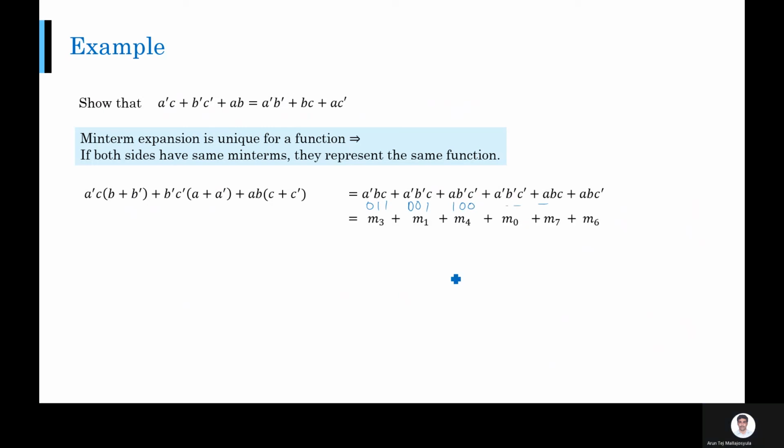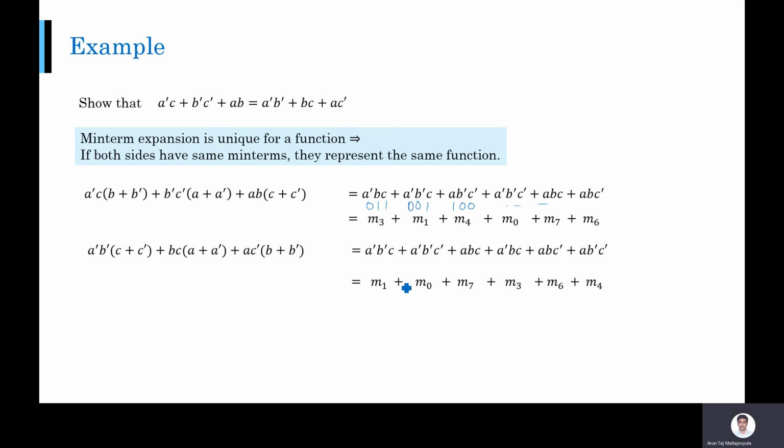So I know what min terms are there here: M3, M1, M4, M0, M7, M6. I do the same expansion on the right hand side. Whatever variable is missing, I put there. I will get all the min terms, and I can see which min terms are present. So 0, 0, 1, which is M1, 1, 1, 1, which is M7, 0, 0, 0, which is M0, and so on.